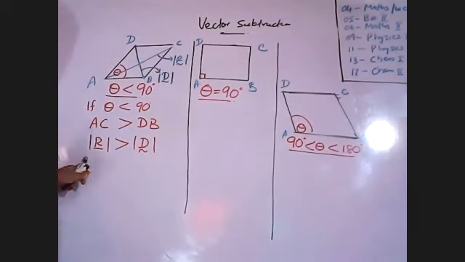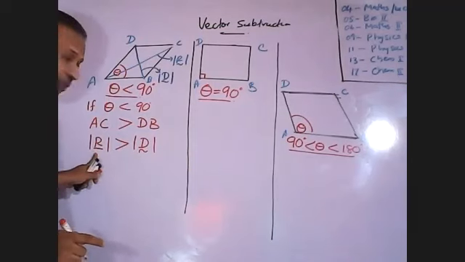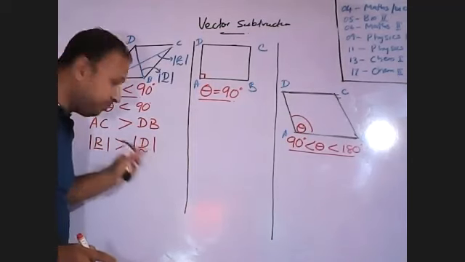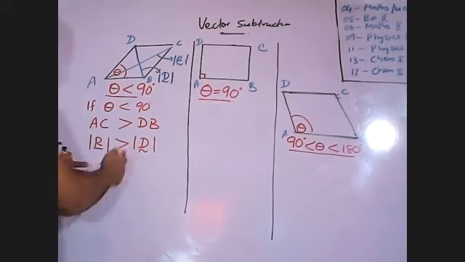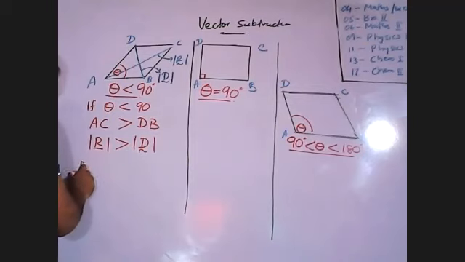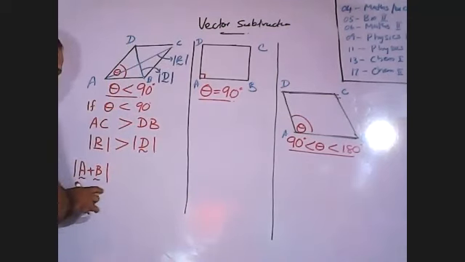So if the magnitude of the resultant force is greater than the magnitude of the difference, that means theta should be an acute angle. The same thing can be written in this way: modulus of A vector plus B vector. If you are given this kind of notation, it is the magnitude of the resultant force.